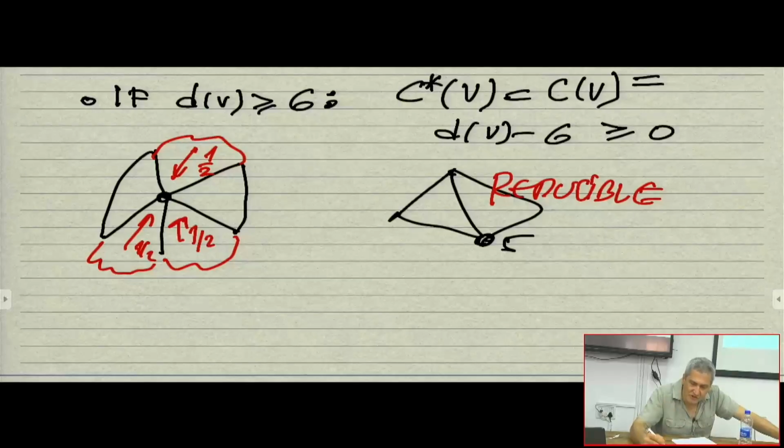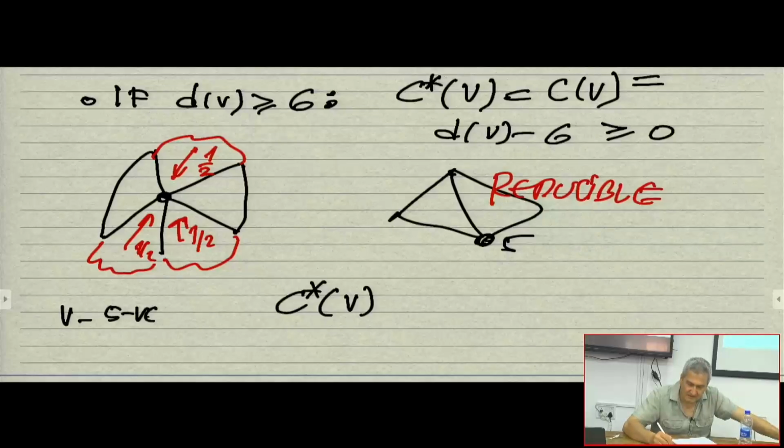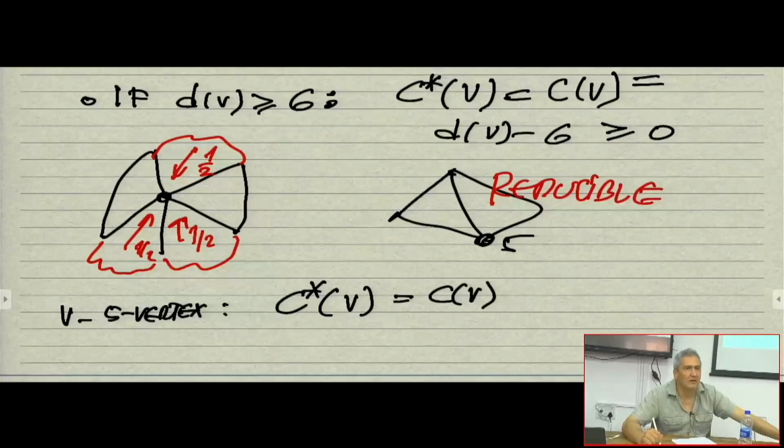The final charge of the 5 vertex V will be the initial charge plus what it gains.